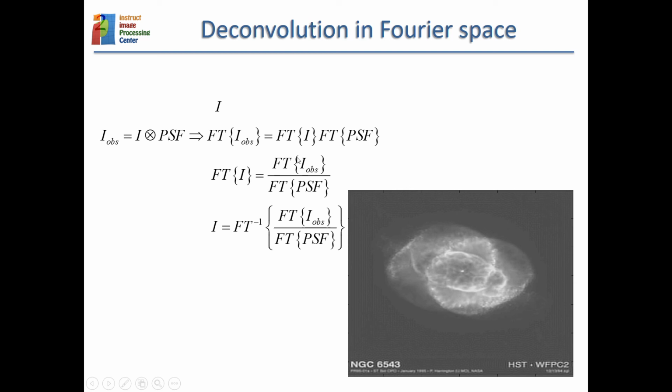So in a very simplistic way, a very nice way of recovering or estimating the ideal image would be, okay, I only have to divide by the Fourier transform of the PSF, that is the CTF. So this contrast transfer function is the Fourier transform of the point spread function, and then I have an estimate of how the Fourier transform of the ideal image looks like, and I only need to do the inverse Fourier transform to recover the ideal image.